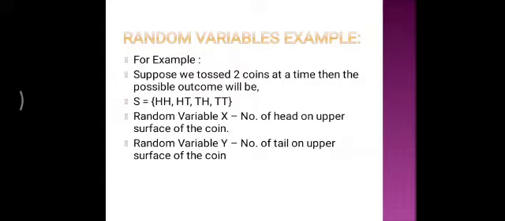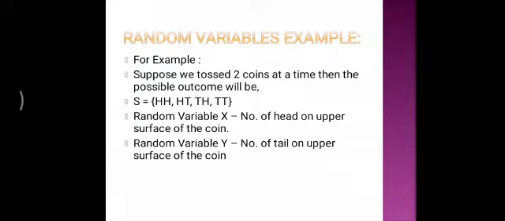Therefore S = {HH, HT, TH, TT}. Random variable X is the number of heads on the upper surface of the coin, or we can take random variable Y as the number of tails on the upper surface of the coin.